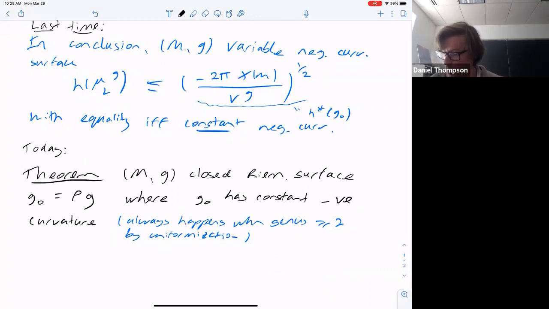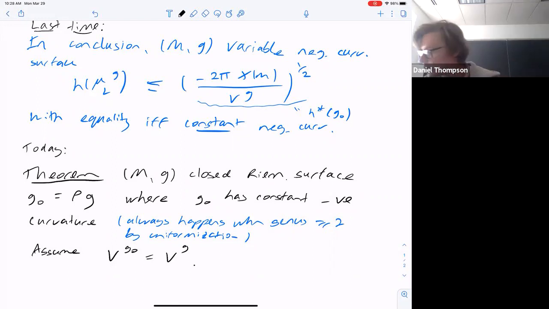And I'm also going to assume that this is chosen so that the area of G is the same as the area of G0. Of course, this is just bookkeeping. I can just rescale to make that true.